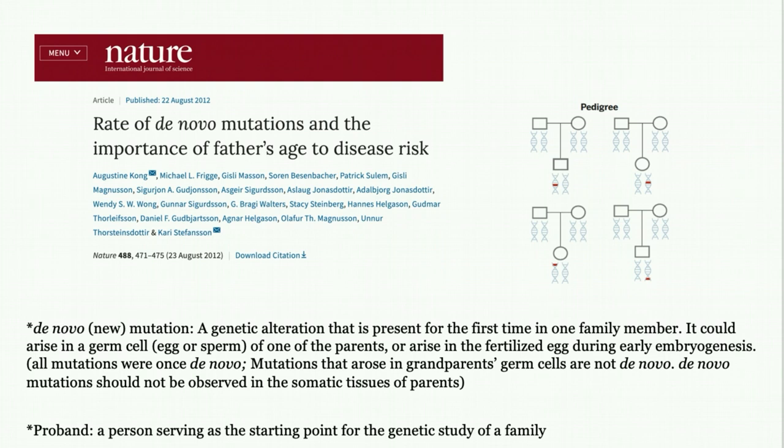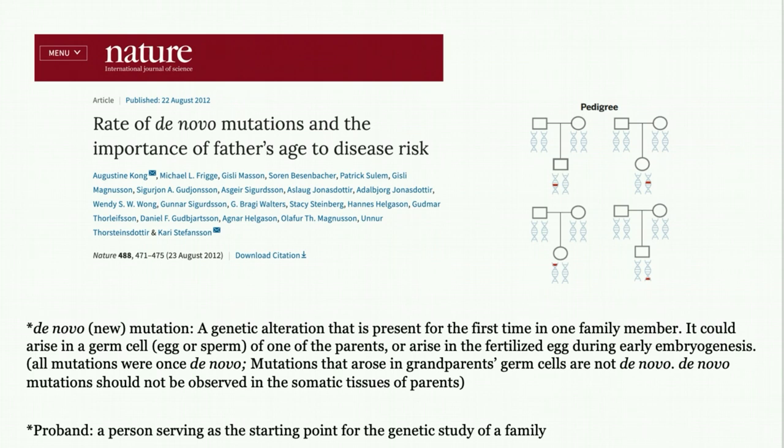And the type of mutation as a female ages is actually different from the type of mutation from paternal age. In females, the type of mutation that becomes more common is large-scale structural variation. But that's not the point we are going to cover here.